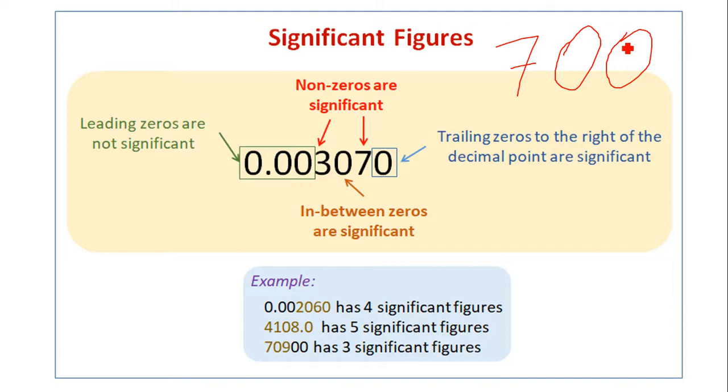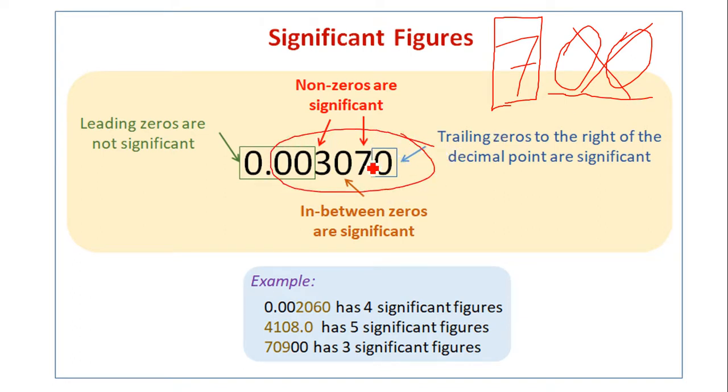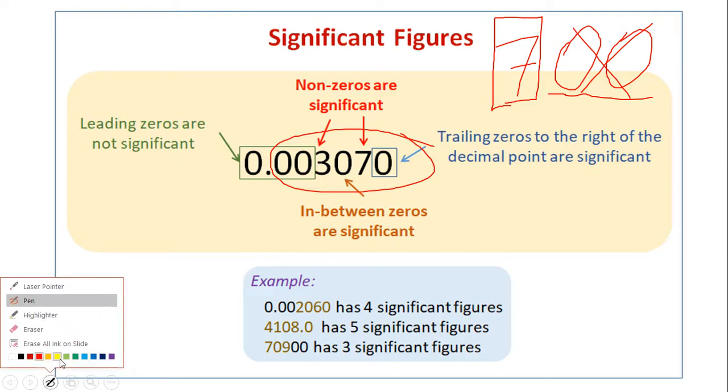No, we only have one, because these trailing zeros are not to the right of the decimal point. The only time trailing zeros count is when they are behind the decimal point. So bear that in mind.